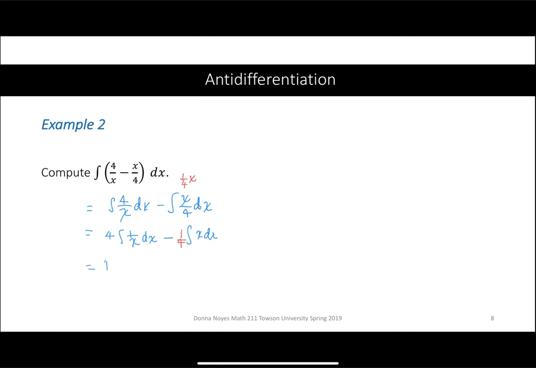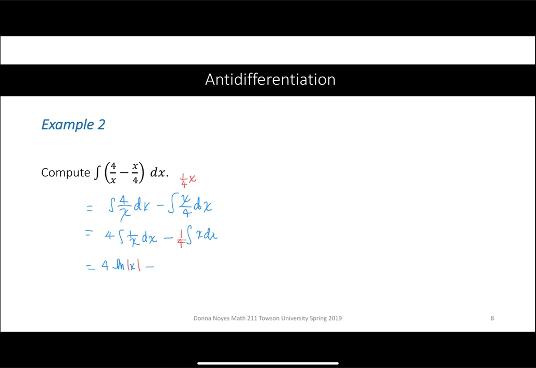Now we bring the 4 along for the ride and we figure out what is the antiderivative of 1 over x. Well, hopefully you remember that the function natural log of x has the derivative of 1 over x. So we have the natural log of x. But remember, when we take a natural log as an antiderivative, we have to put absolute values around the x because x could have been positive or negative since we don't know for sure.